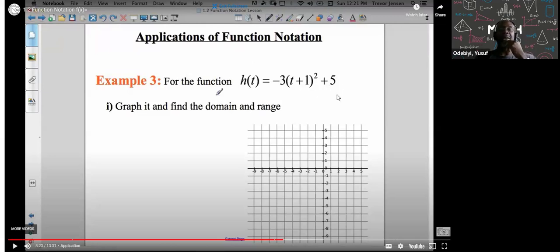Give me a name of this type of graph. Anyone? Starts with a P. Yeah, parabola, right? Remember, this is like the transformation, right? So my vertex is at (-1, 5). And is this going to open up or down?